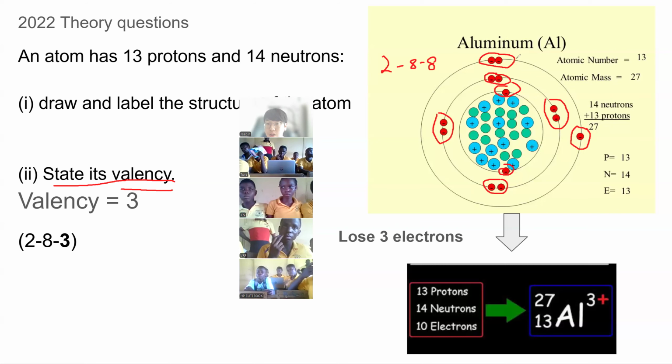So aluminum wants to lose these outer 3. If it gives away the 3 electrons, then we remove the negative charges of the aluminum, and it now has 3 more positive charges. It becomes aluminum 3+, Al3+, in its ion form.